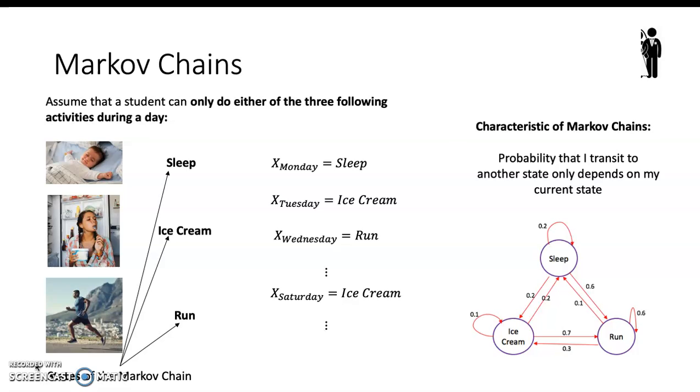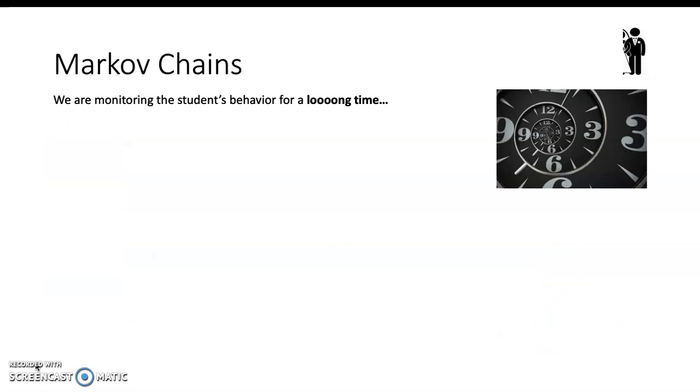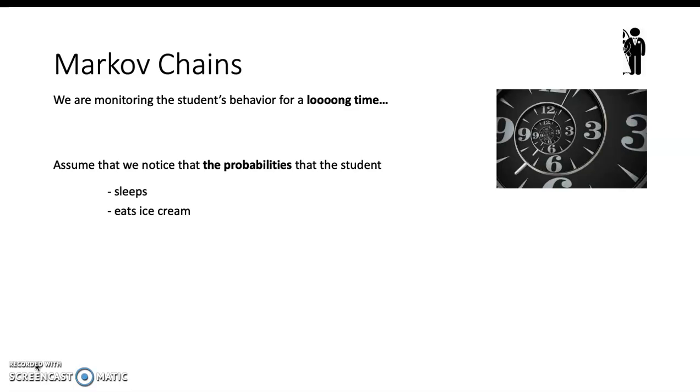Often you can draw a transition diagram like this for Markov chains, and those are then called the transition probabilities of the Markov chain. If we monitor the student's behavior for a long time, maybe we will notice that the probabilities that the student sleeps, runs, or eats ice cream do not change any longer.